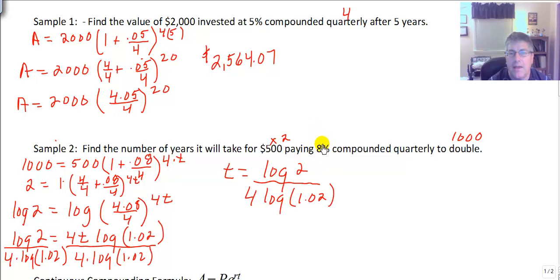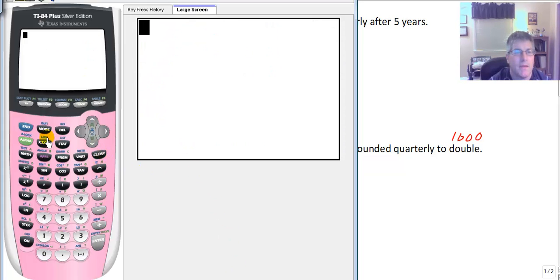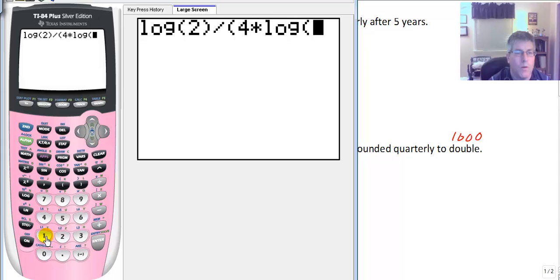And I already know a general investment rule for doubling, so I have a pretty good idea what this answer is going to be, and I'll teach you that at another time. Maybe we'll talk about that in class. But let's go ahead and pull out our calculator, and we want to take log 2, all divided by, I'm going to use parentheses here just in case, 4 times log of 1.02.